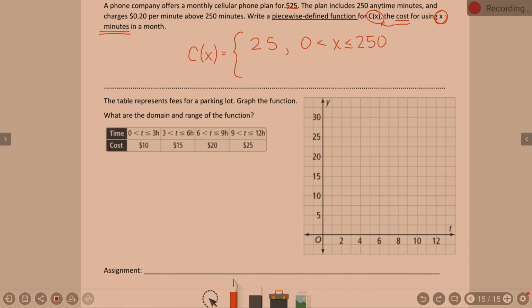Now, after 250 minutes, what happens? 20 cents per minute. Do you still have to pay the $25? Yes. So how do I write an equation representing that? How do we write that equation?